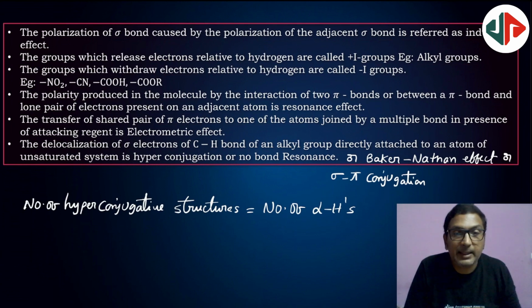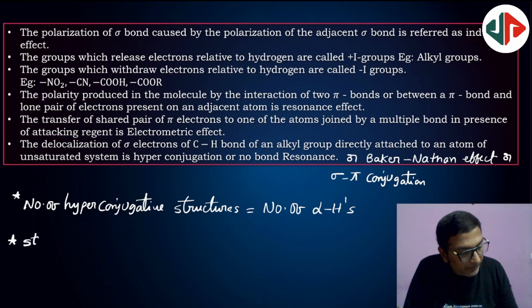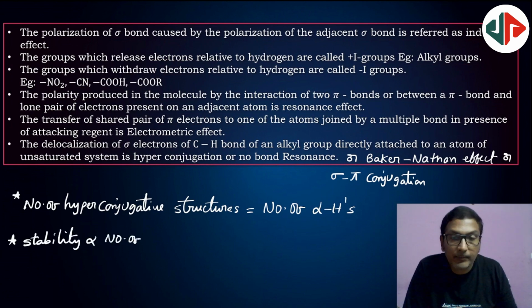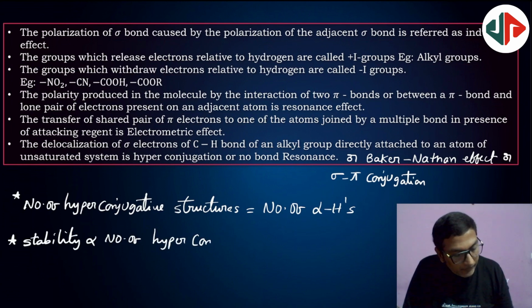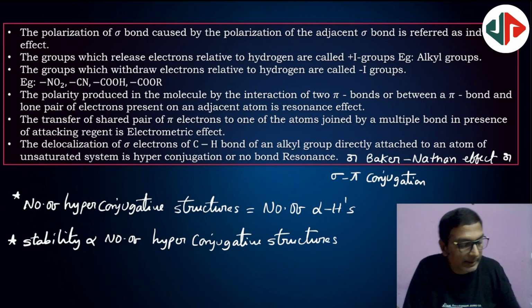So stability is directly proportional to the number of hyperconjugative structures. Very, very important.